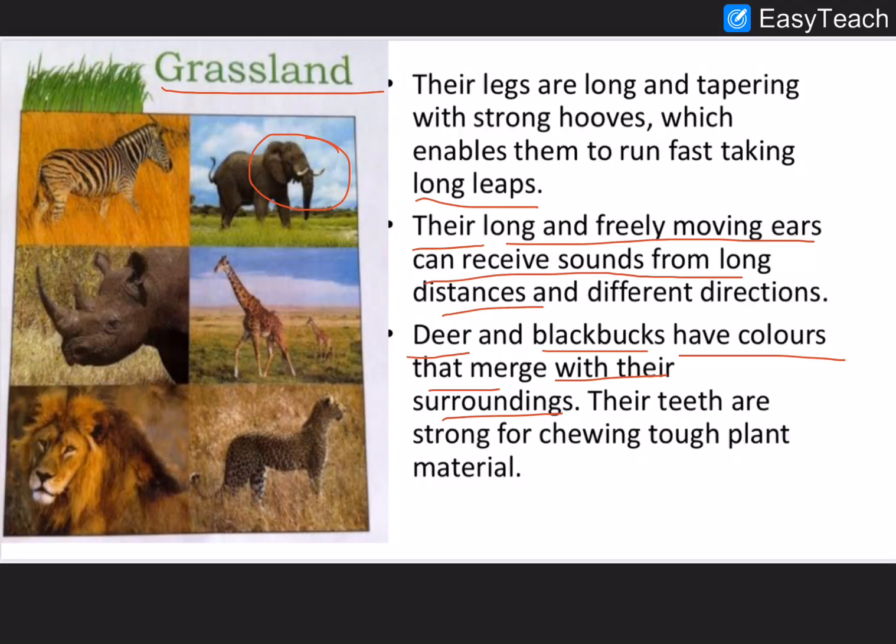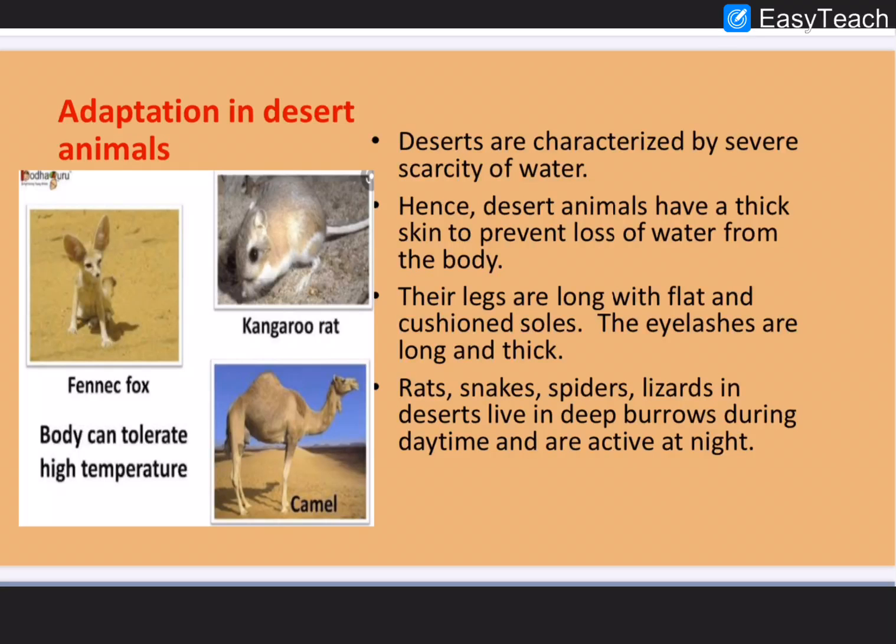Their body color is usually brown or dark colors that merge with their surroundings so that they can hide from predators. Their teeth are strong for chewing tough plant material. So the teeth of herbivorous animals like deer are strong for chewing tough plant material.